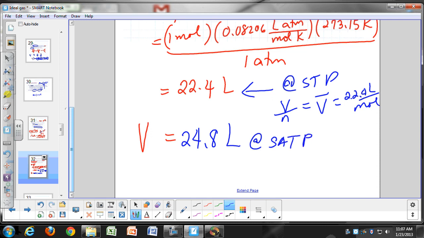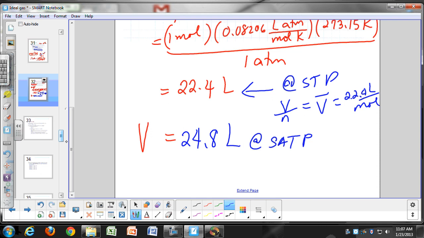Standard ambient temperature. So if I gave you a 2-liter empty bottle of Coke, and I asked you how many moles of air particles are in that empty 2-liter bottle of Coke? What would it be? Let's assume the Coke is not in the refrigerator.